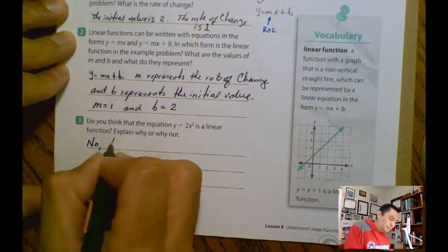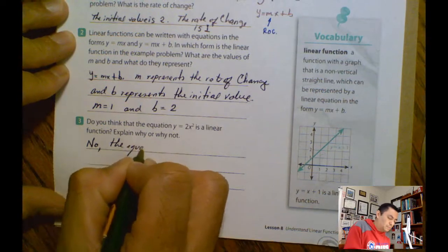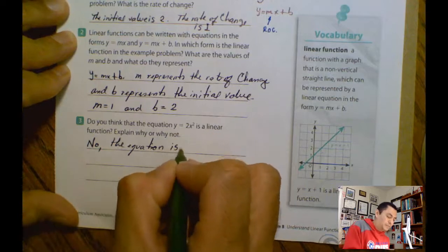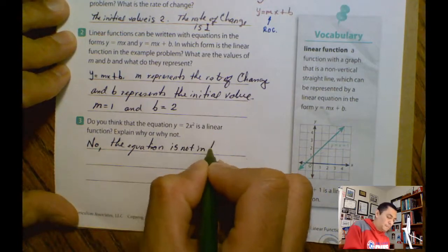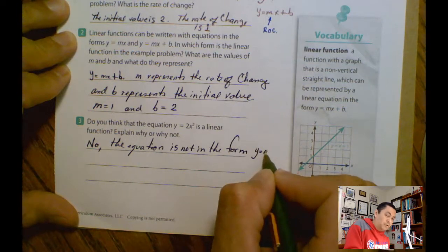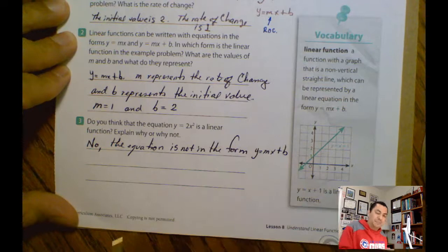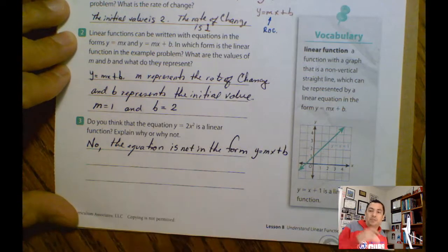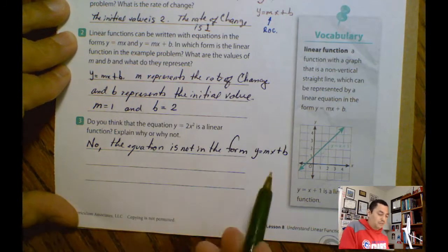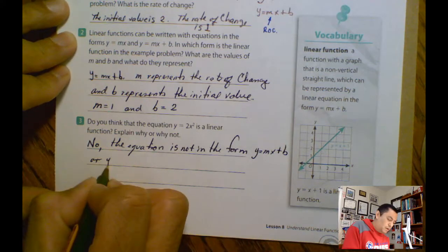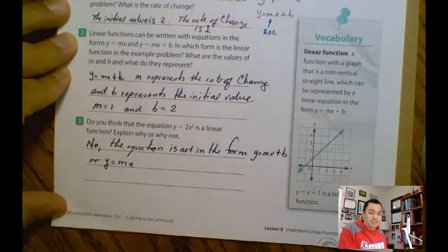Because the equation is not in the form y equals mx plus b. See, that x doesn't have any square. If you have something squared or something to the third power, it is not a linear function. So it doesn't have the form y equals mx plus b or y equals mx.